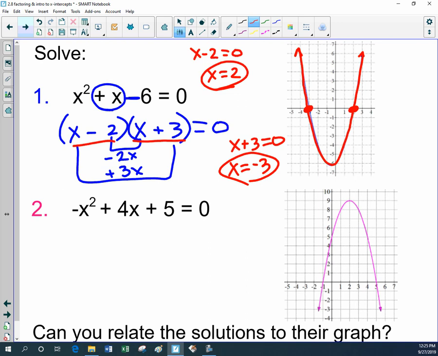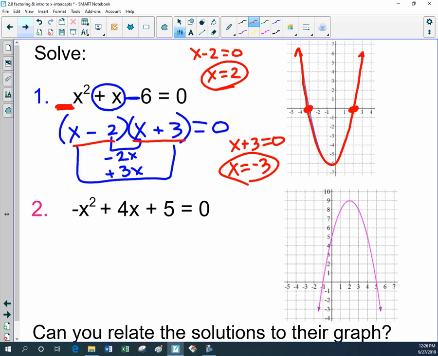Now, the one thing that we need to talk about here is that for each of these graphs, there's one thing we have to be able to identify. That's whether the graph opens up like this, or if the graph opens down. And what determines that is the number in front of x squared. Exactly.